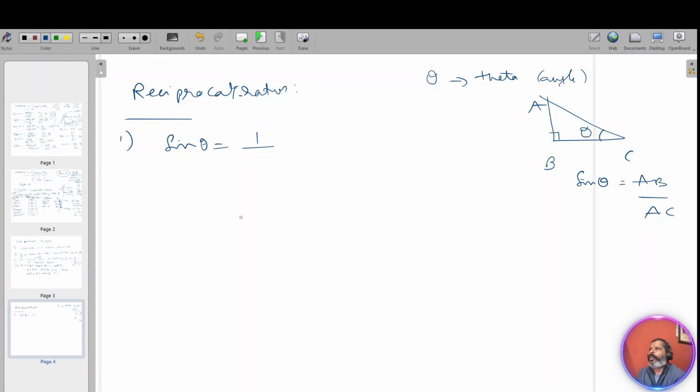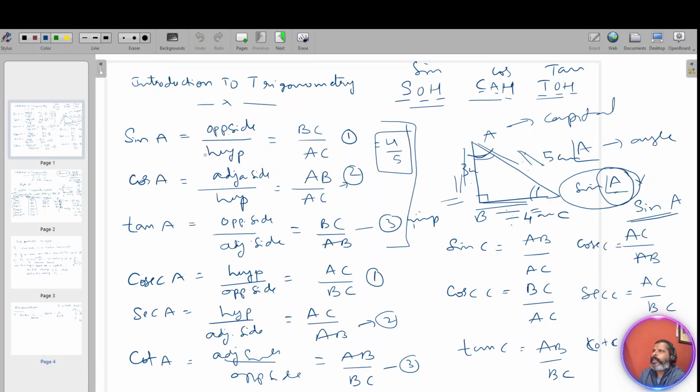Okay. So the reciprocal functions are: sine theta is always reciprocal to cosecant theta. Also, cosecant theta is equal to 1 by sine theta. These are reciprocal values. As we saw here, sine is BC by AC, and cosecant is AC by BC. That's why I told you they are reciprocal to each other.